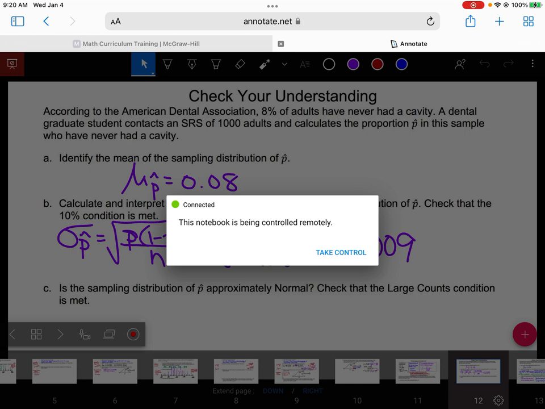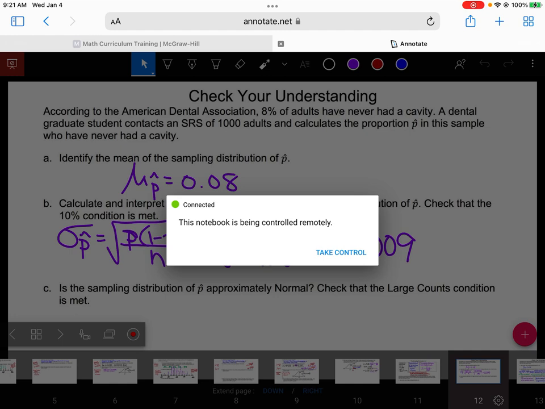How would I check that the 10% condition was met? Where did we get our sample from? 1,000 adults. Where are those 1,000 adults coming from? It doesn't say. I'm going to have to use some intuitive thinking here, but considering they're citing the American Dental Association, we're assuming that this simple random sample of 1,000 adults is coming from somewhere in the US.